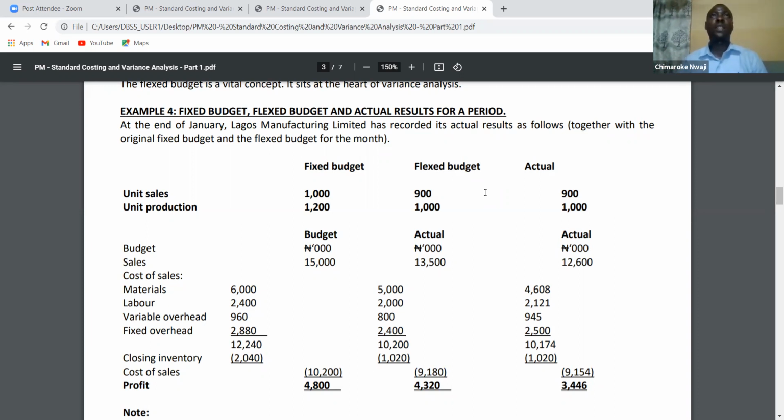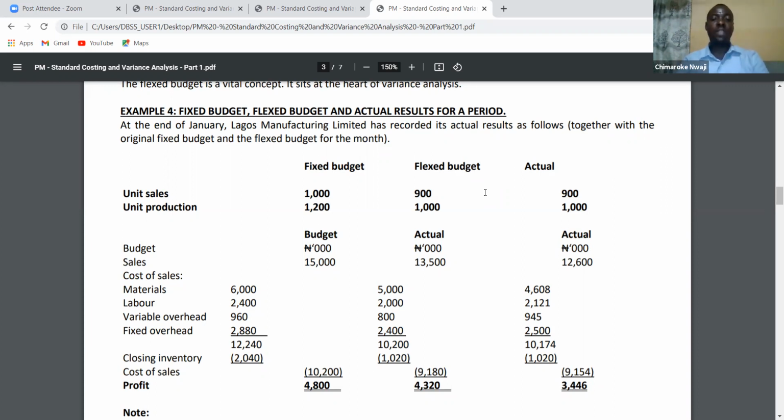So normally the sequence is you get a standard, you get a fixed budget from the standard, wait until the end of the period when you get your actual results, and you want a comparison with the budget, you now prepare a flexed budget, which you will use to compare with the actual result to see if you have variances. So it means that your variances will be flexed budget versus actual results.